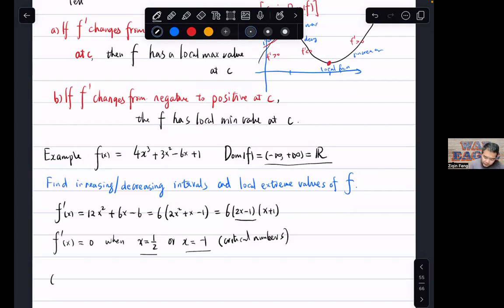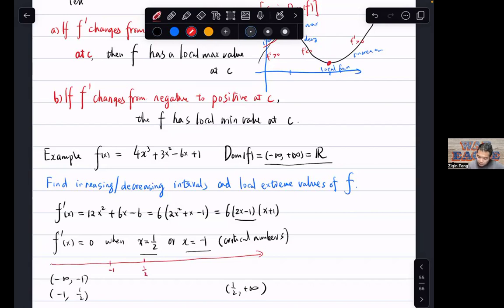One is from negative infinity to -1, the other is from -1 to 1/2, and the last one is from 1/2 to positive infinity, right? You can sketch a number line here. Left side is -1, right side is 1/2, right?